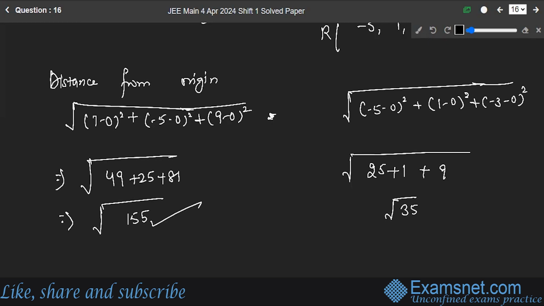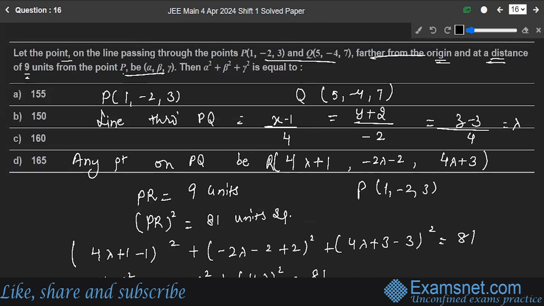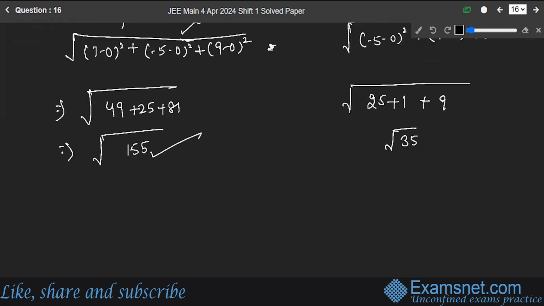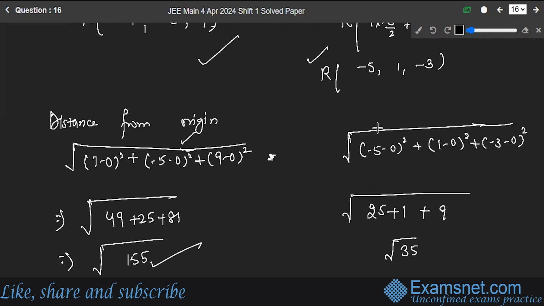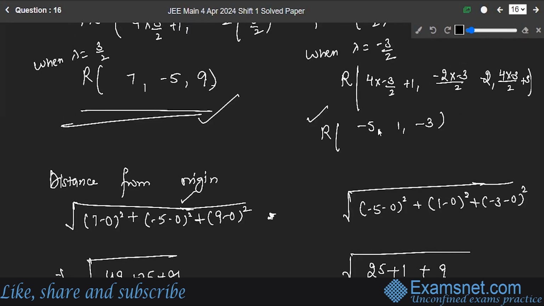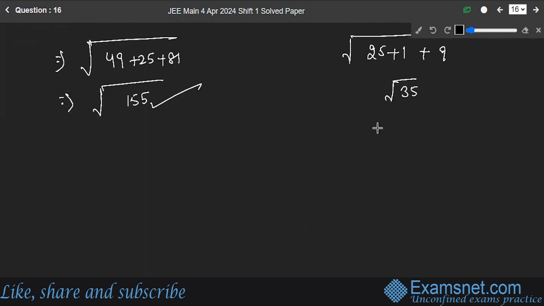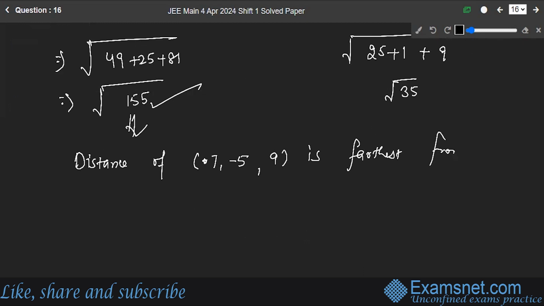Of course, this is the bigger one. Distance of this point, 7, minus 5, 9 is farthest from the origin. You have to pick up this farther from the origin. So that means I'll pick up the value of R as this point only. Distance of 7, minus 5 and 9 is farthest from origin.